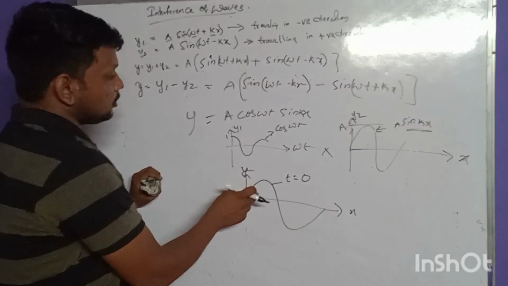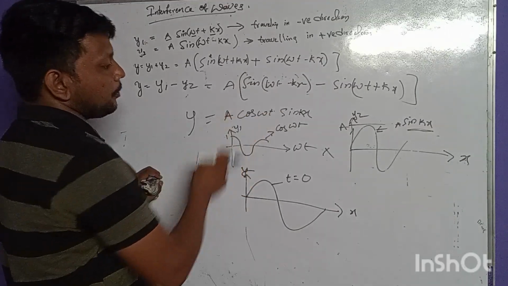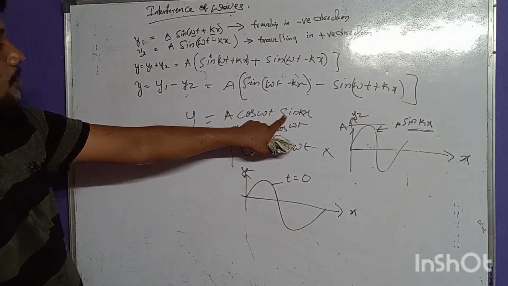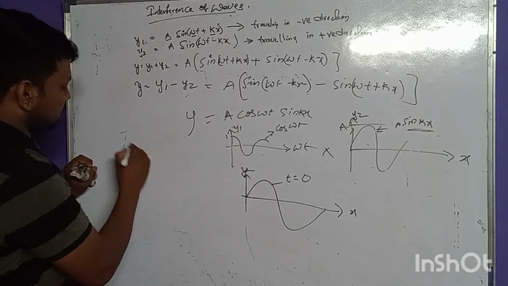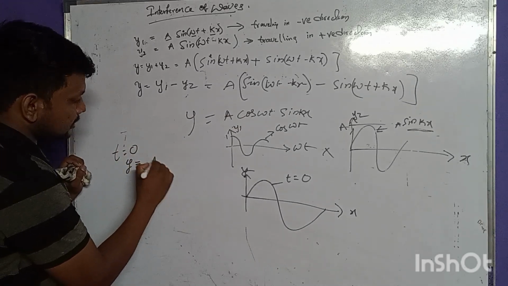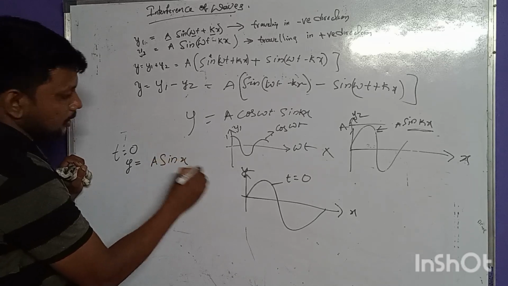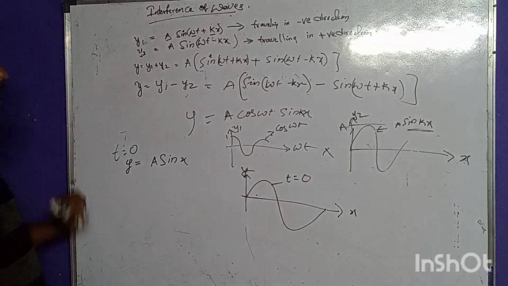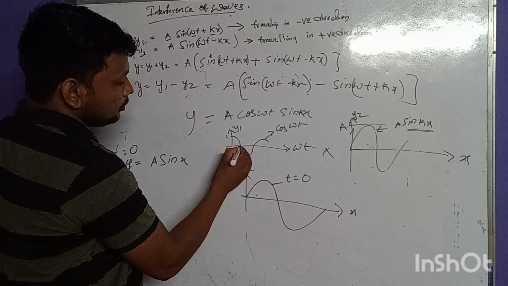At t is equal to 0, cos omega t is 1 and we get y is equal to A sin kx. That is here.